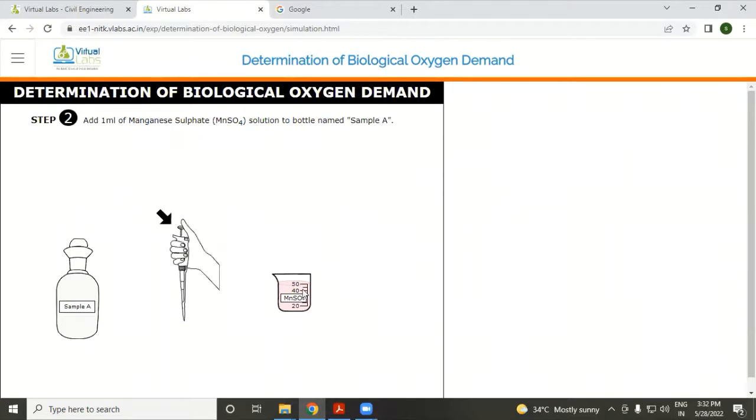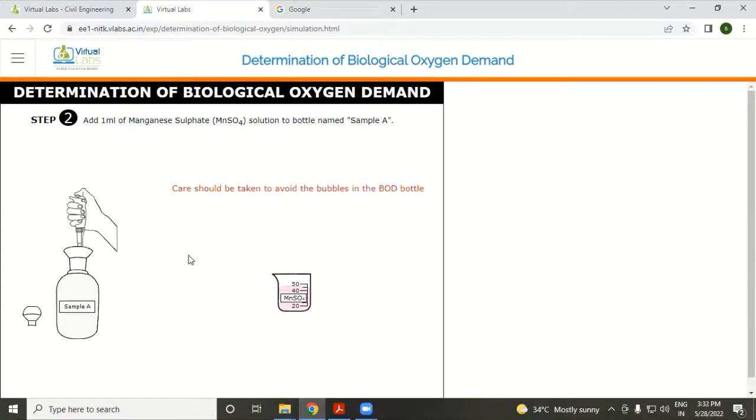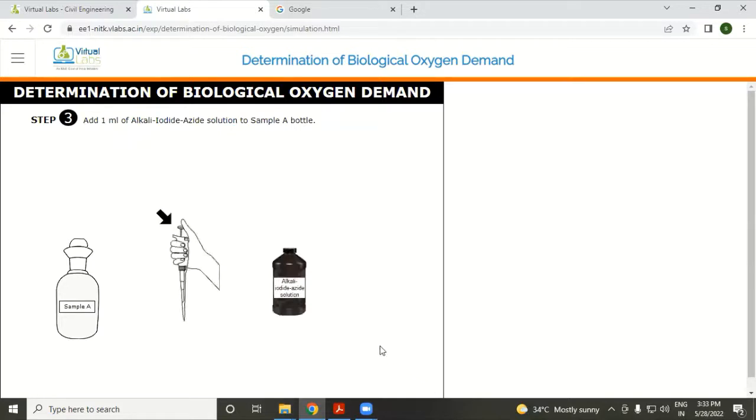Add 1 ml of magnesium sulfate in sample A. Go to the next step. Add 1 ml of alkali iodide for sample water A.